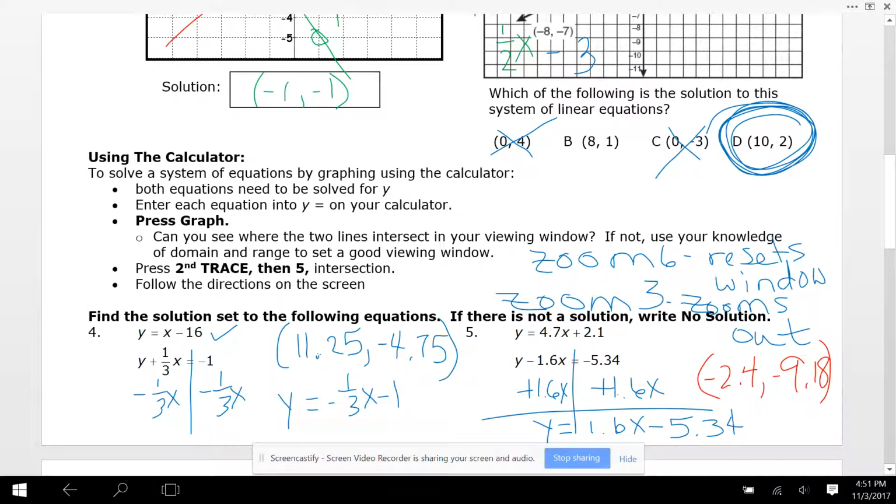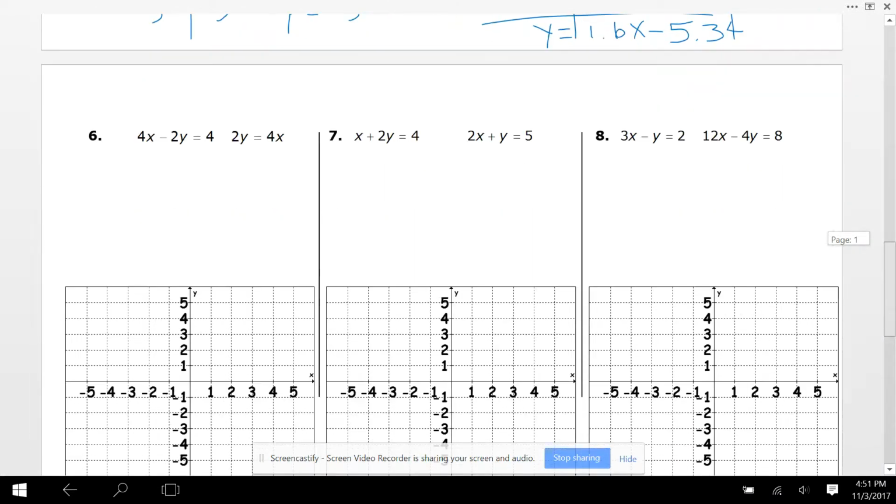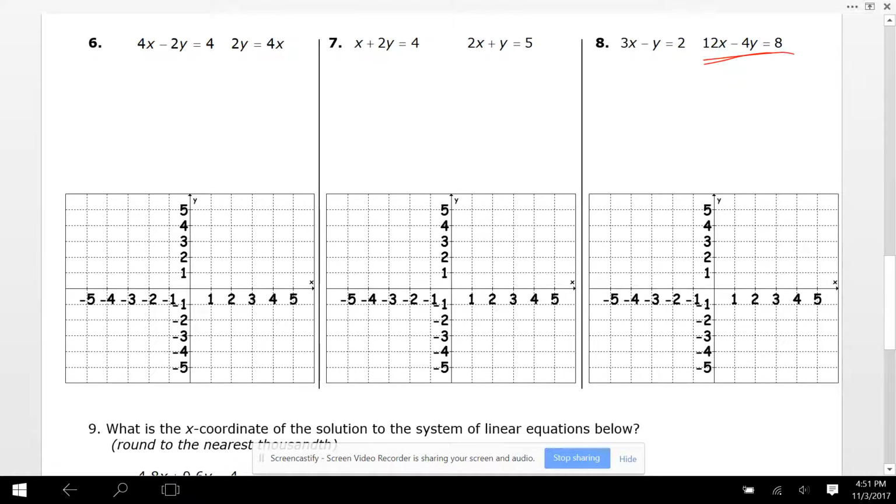All right. On to this page. You guys have this equation over here underneath number 6. So I already moved it over. So just scratch out the equation that's over here and write it over here because those two go together.